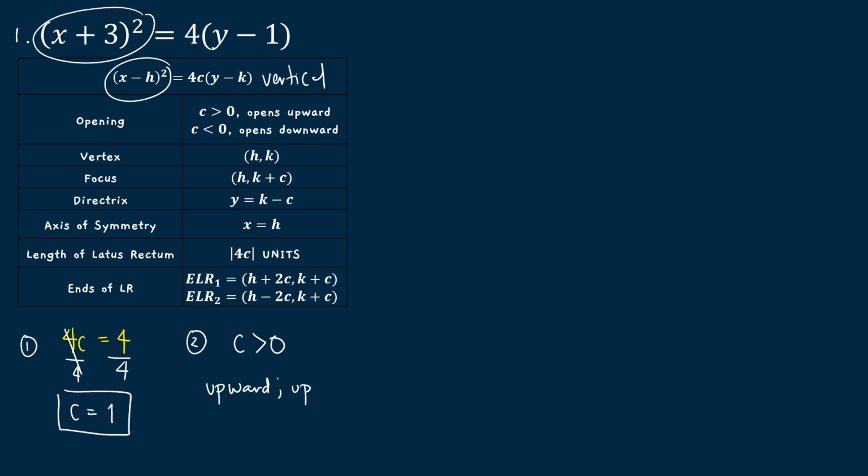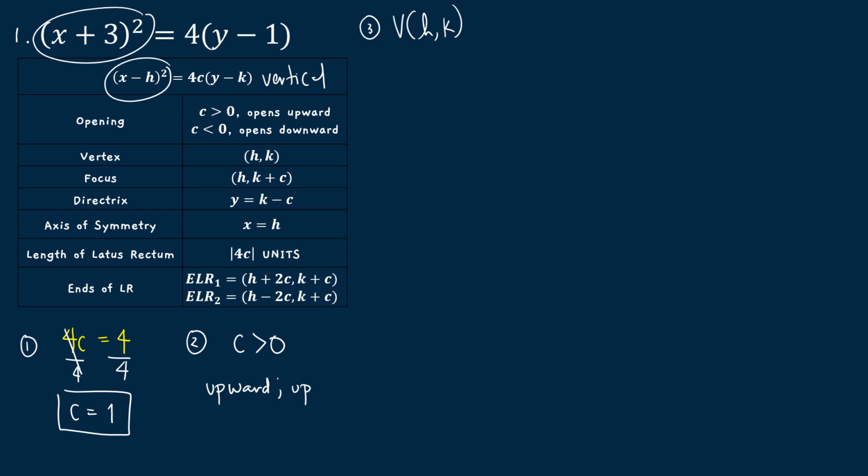Okay, number 3. So you already identified 1 and 2: the opening, the value of C, and whether it is a vertical or horizontal parabola. For the vertical, we apply what is in the table. After we get C, we can give the value of the vertex, which is H and K. Again, H is always with x and K is always with y.